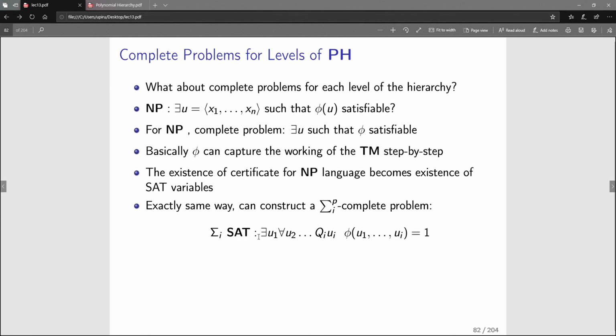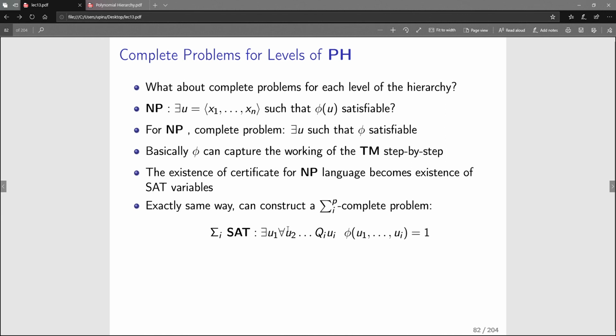It has alternating quantifiers, and phi of U1, U2, up to Ui. Each of these Ui is a sequence of Boolean variables of size n, and you basically have to satisfy all of them simultaneously. That's the sigma i SAT problem.